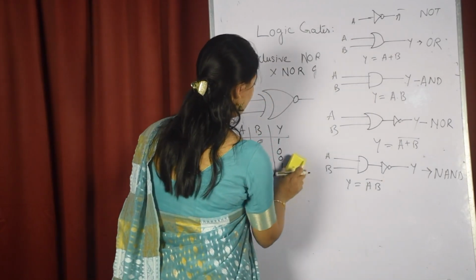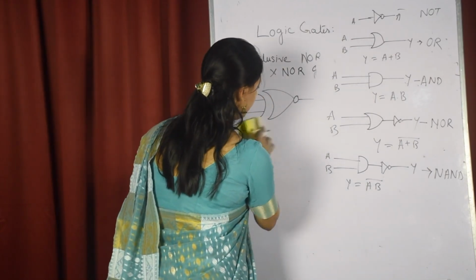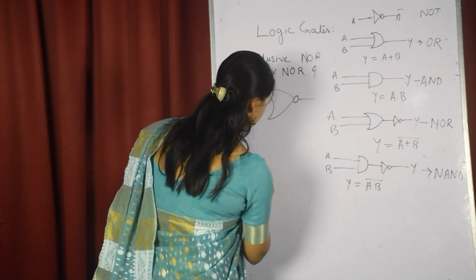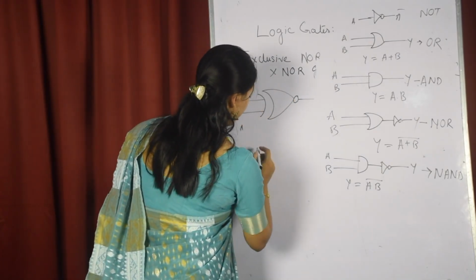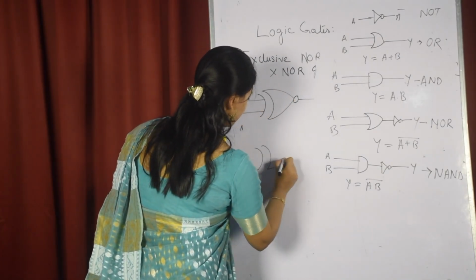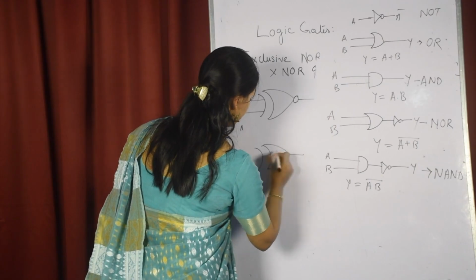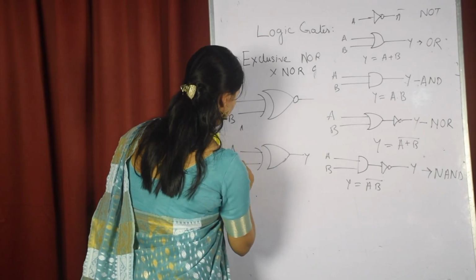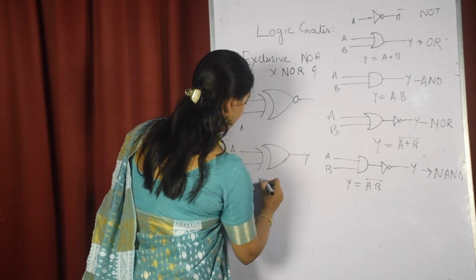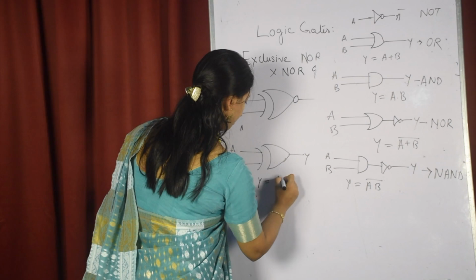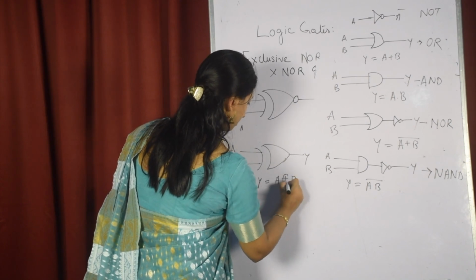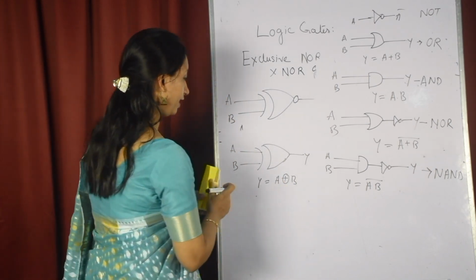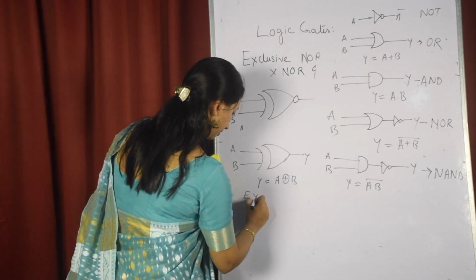And finally we have seen the XOR gate. The XOR gate is symbolized like this, with this graphical symbol. So Y is equal to A XOR B. So this is the symbol of the XOR gate.